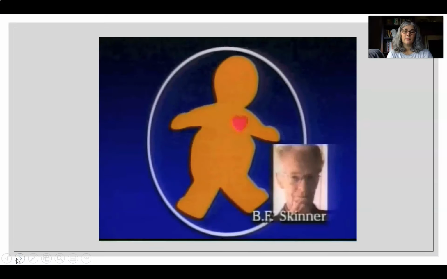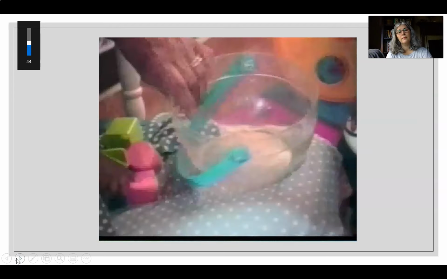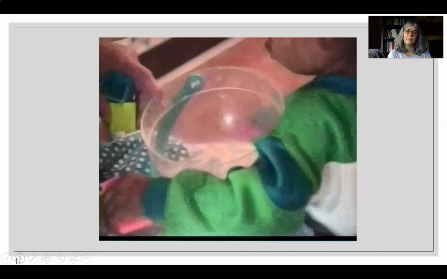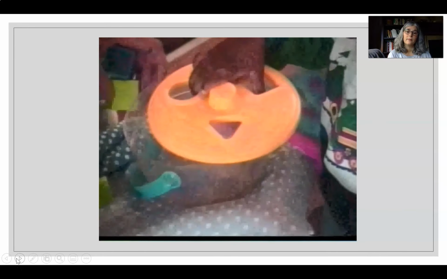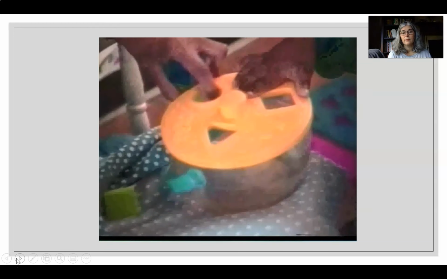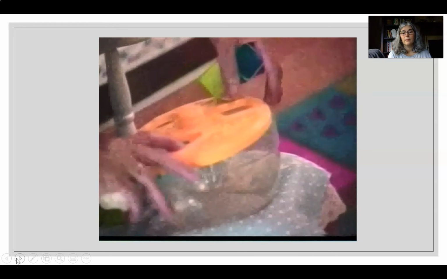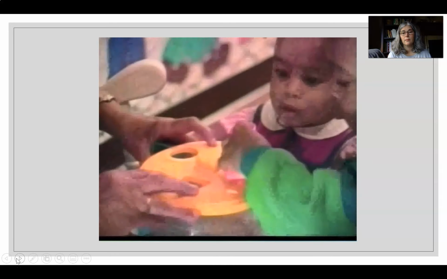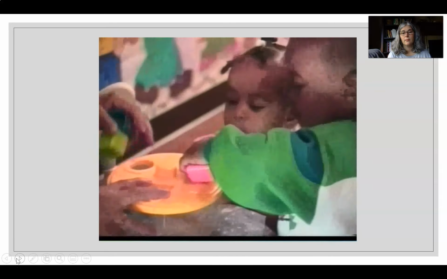Skinner was a behaviorist. He didn't believe in development unfolding in ages and stages. He believed that all behavior is learned through the consequences of our own actions. We repeat behavior when we receive reinforcement for it.